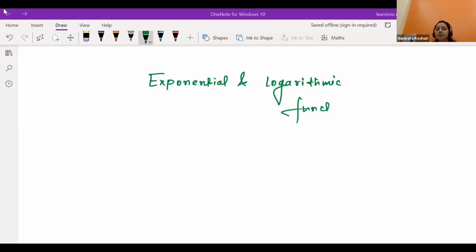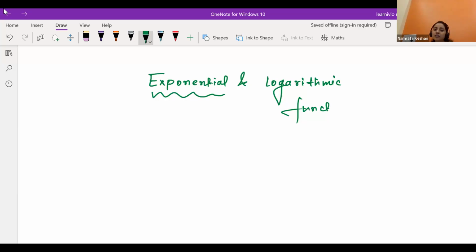So at first we will be talking about exponential function, and then we'll be discussing logarithmic function. So what is exponential function? Exponential function is such a function which will grow, as the name says, exponentially. You will be giving a smaller x value and all of a sudden a very big y value will start generating. Such a function we are having, and that's called exponential function.